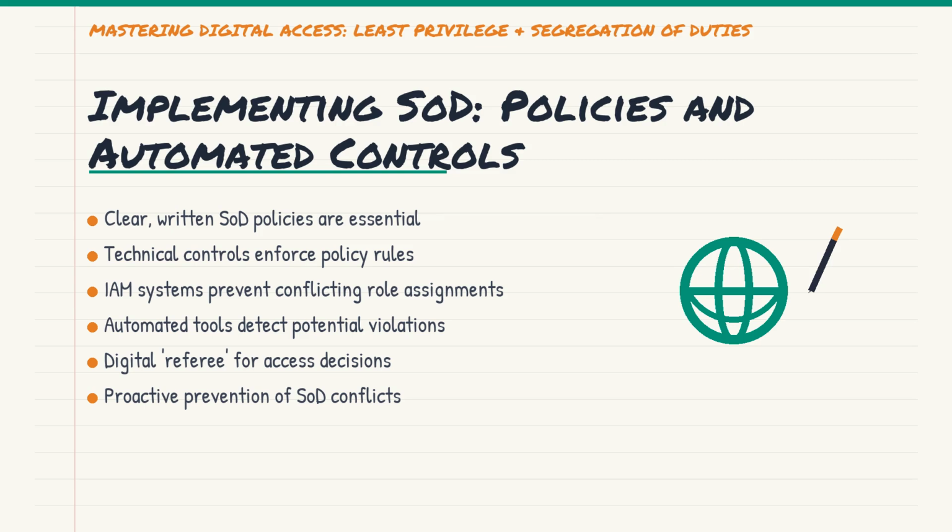This means setting up roles with specific, limited permissions and ensuring that the system actively prevents users from being assigned conflicting roles simultaneously. Automated tools can even scan for potential SOD violations before they happen by analyzing proposed role assignments. It's about building a digital referee into your access system.